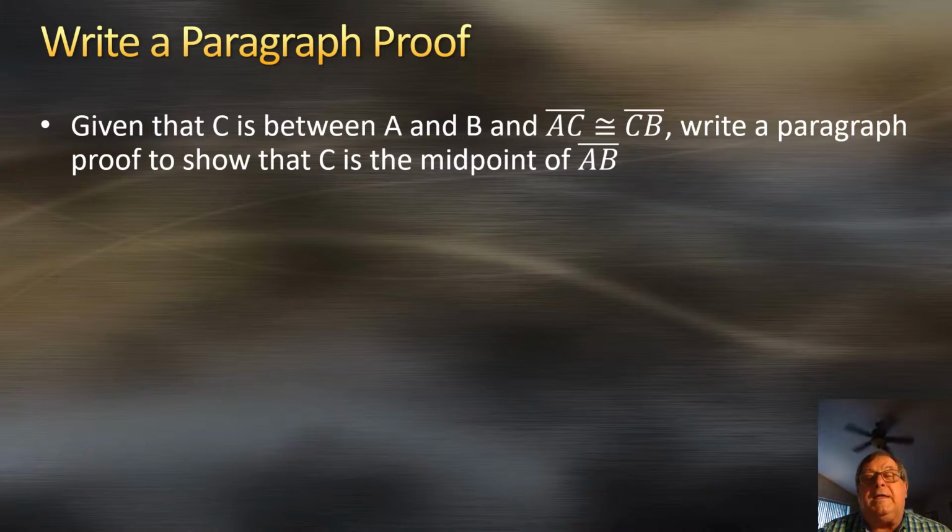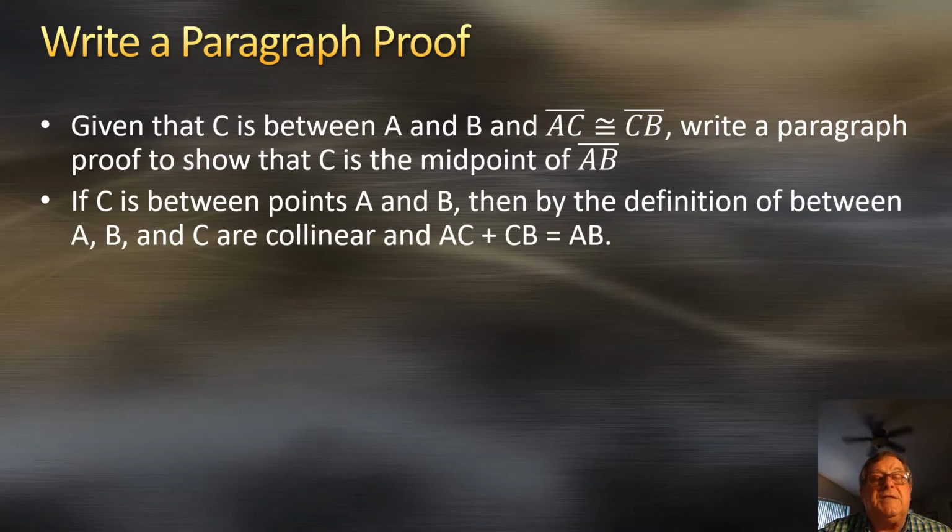Now, we have to break this down into its elements. And we most always start off a proof statement by stating the given. So if C is between points A and B, and notice we're putting this in a conditional statement, that's what's given.